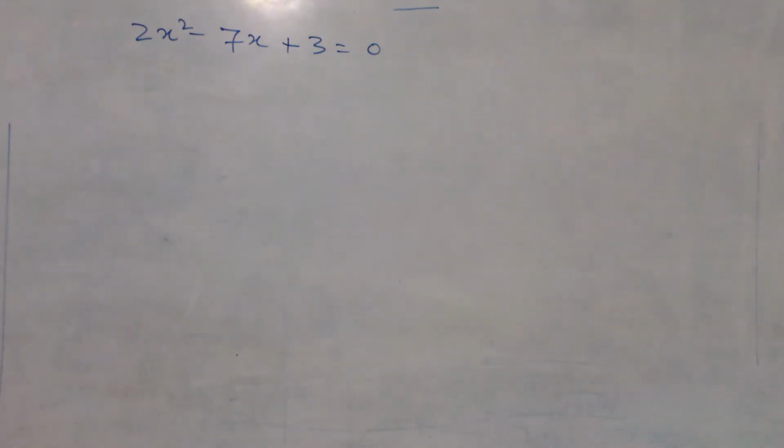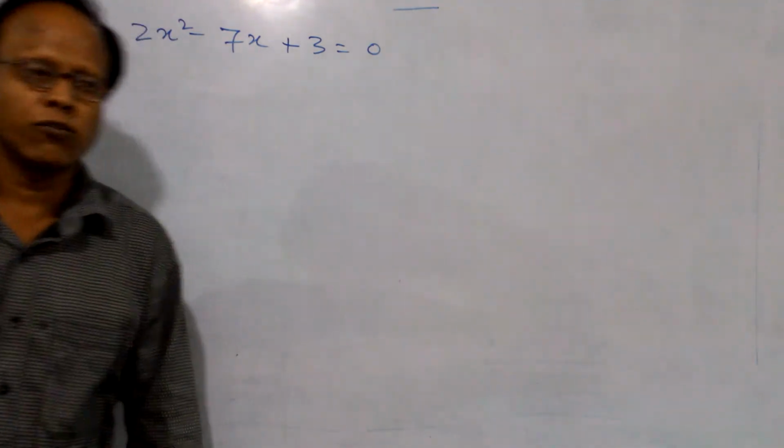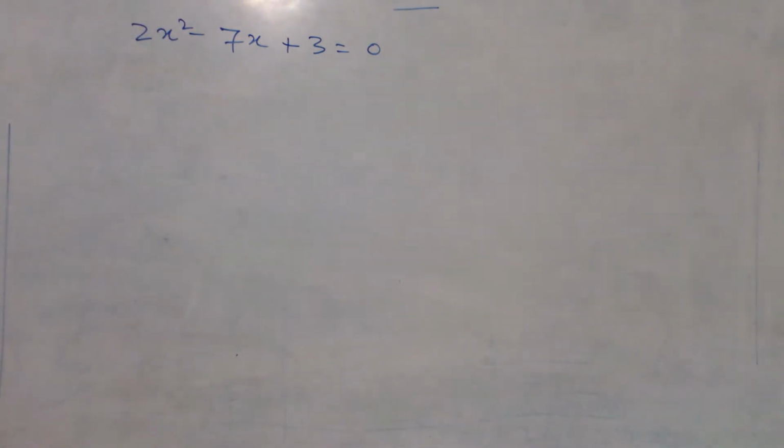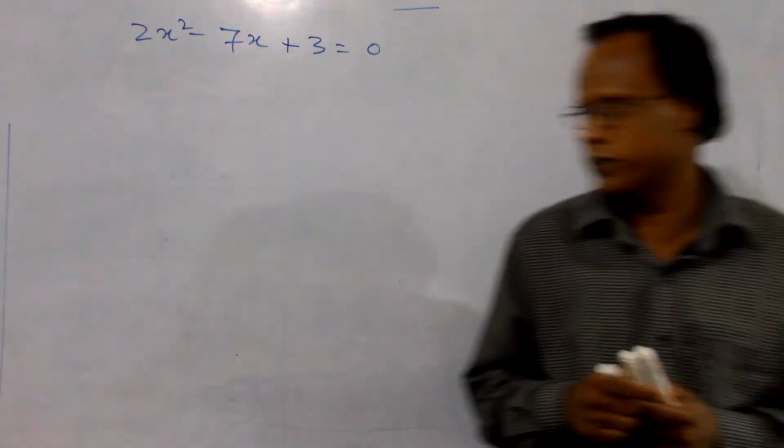Solve the quadratic equation 2x square minus 7x plus 3 equal to 0 by the perfect square method, and verify the roots by the quadratic formula of Sridhar Acharya.